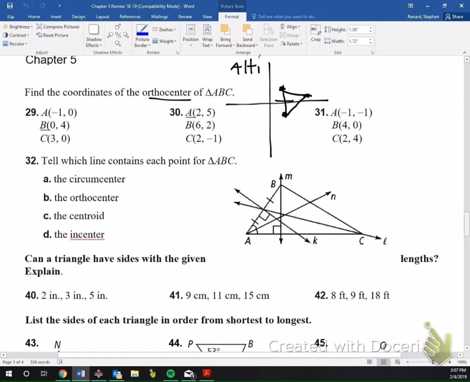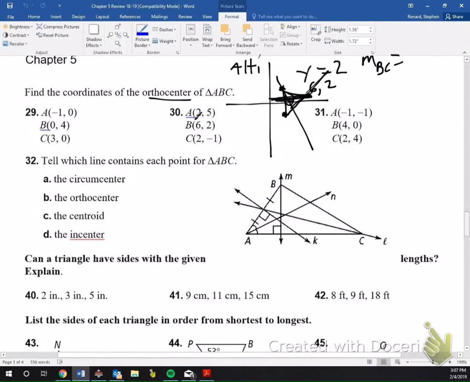So what I want to do is graph them and take the opposite point. On 30, we have (2, 5) and (2, negative 1). We're going to find the midpoint. So we know that's a vertical line, which means its perpendicular pair is going to be a horizontal line. The horizontal line that goes through (6, 2) is y equals 2.